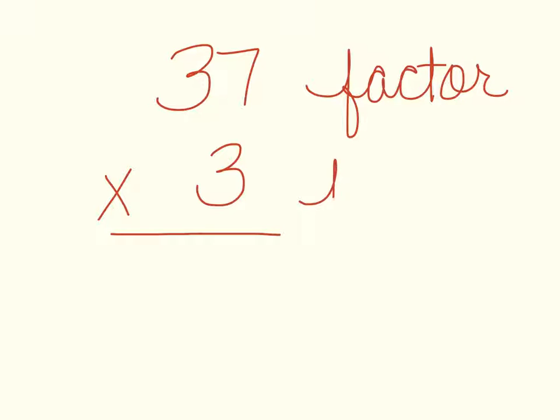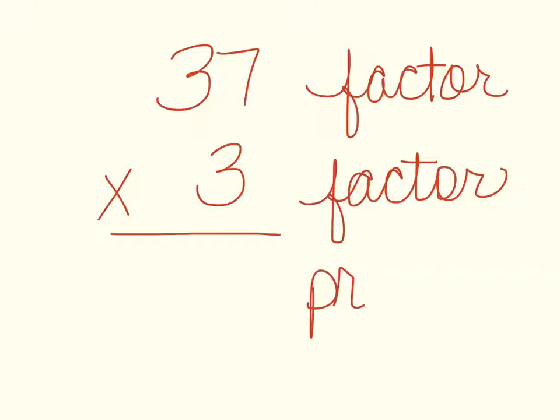And this one is called the factor. And this is called the product. Factor, factor, product. 3 times 7 is 21. Write down the 1, carry the 2, which remember is actually a 20. 3 times 3 is 9, plus 2 is 11.